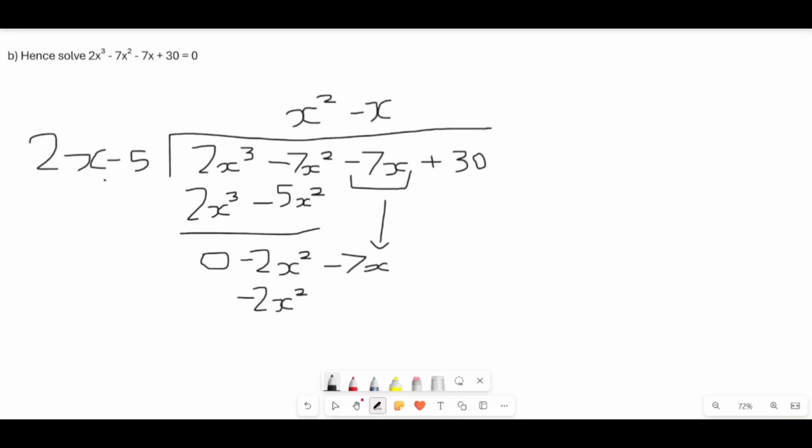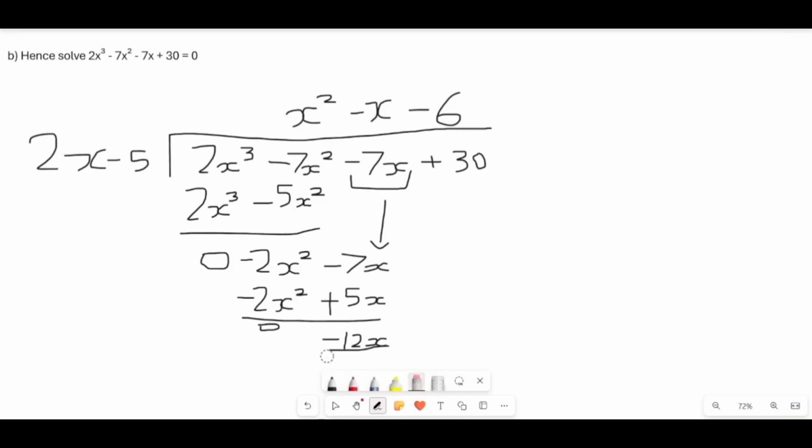Minus x times minus 5 is going to give you positive 5x. Subtract again. So because we've got this minus 12x here, when we compare it to the 2x over here, we get minus 6, because 2x times minus 6 is the minus 12x over here.